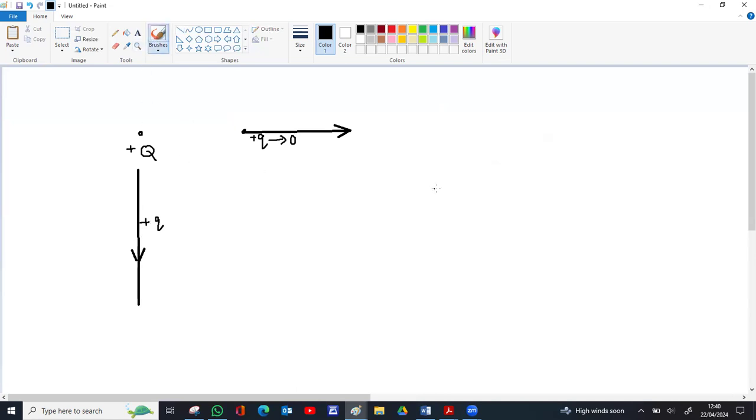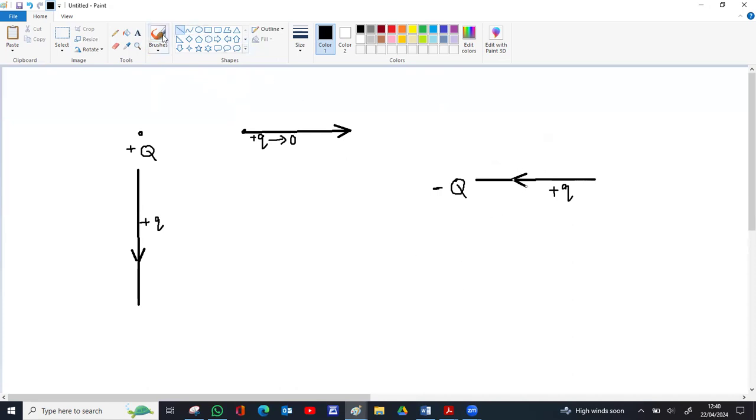If the source charge is negative, still the test charge is always positive. So if you bring a positive test charge here, unlike charges attract and the source charge is at rest, so the test charge will be attracted towards the source charge.